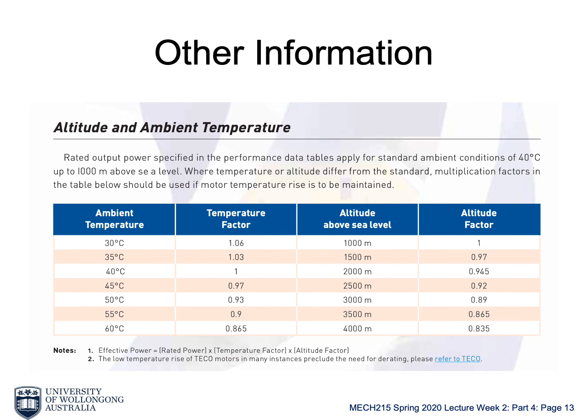So there's a temperature factor and an altitude factor that have to be multiplied on the motor power. The actual power will be slightly less. So you can see there's like 80 some percent. If it's a higher temperature, the power output will reduce. If it's a higher altitude, the power will also reduce.